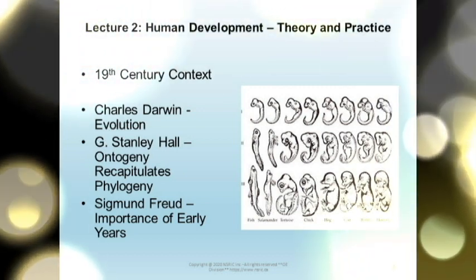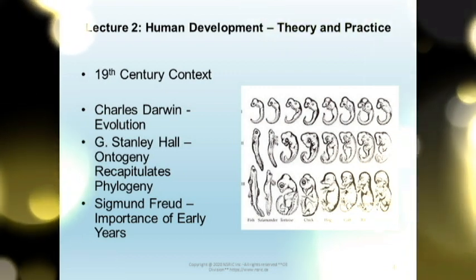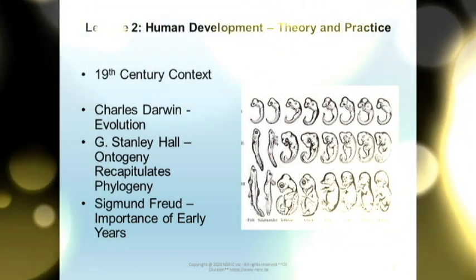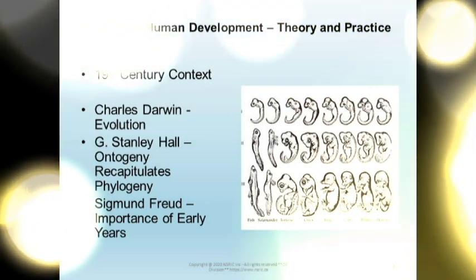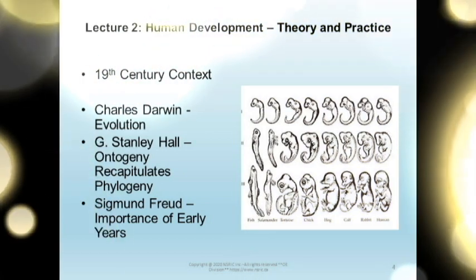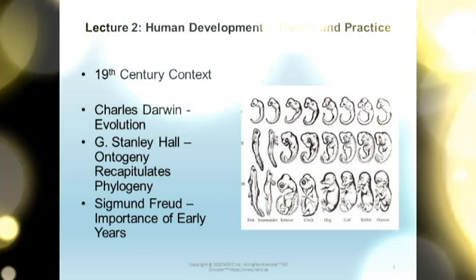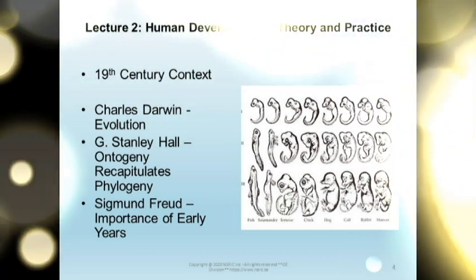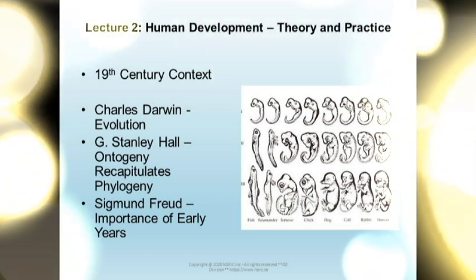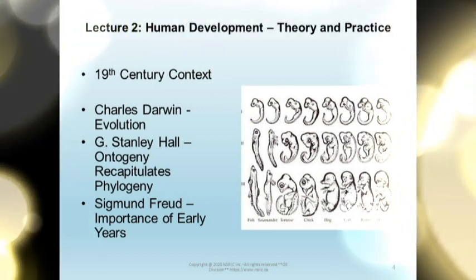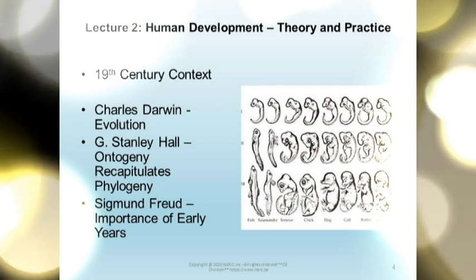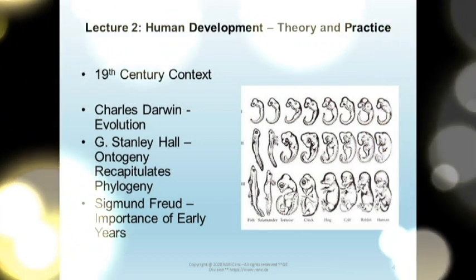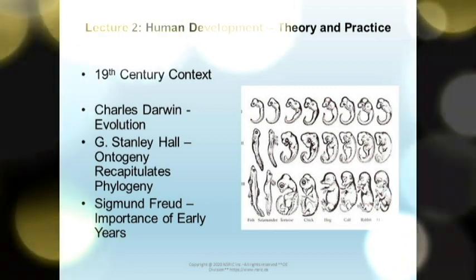And so Haeckel's theory posited that each stage of embryonic development in an individual organism represents a step in the evolutionary process of that species. In other words, as an individual organism develops from fertilization to birth, it passes through stages that resemble the adult form of its evolutionary ancestors.